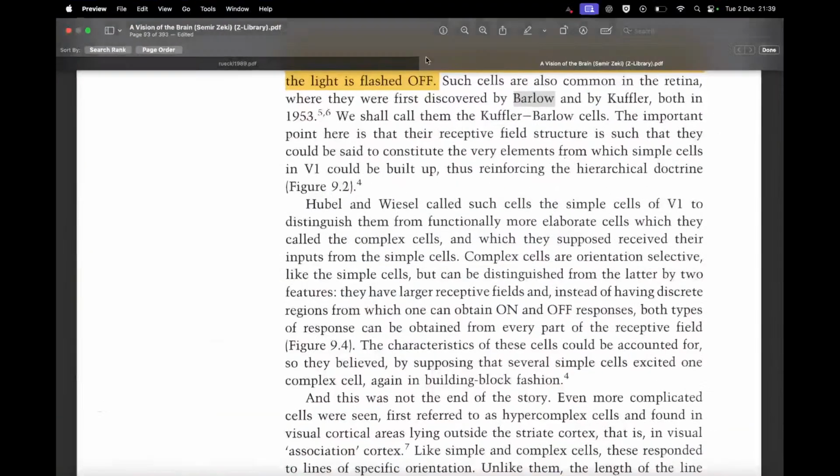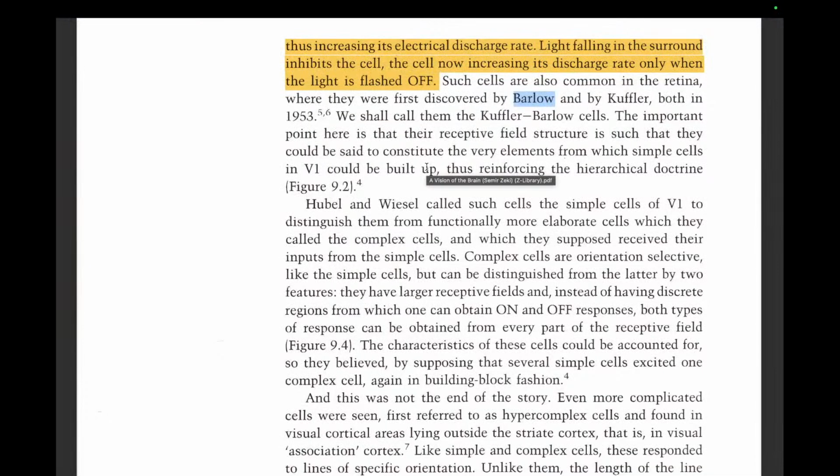Right. So yeah, going back here, we shall call them Kuffler-Barlow cells.